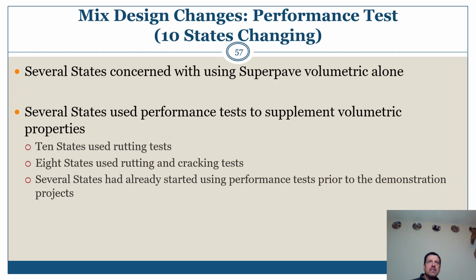And 10 states are looking at the use of performance tests, and this is great because they don't feel like volumetrics alone is sufficient, which is consistent with all the movement towards a balanced mix design. And on these projects, 10 states used a rutting test, 8 states used rutting and cracking tests, and several states had already begun to use those tests prior to the demonstration projects.